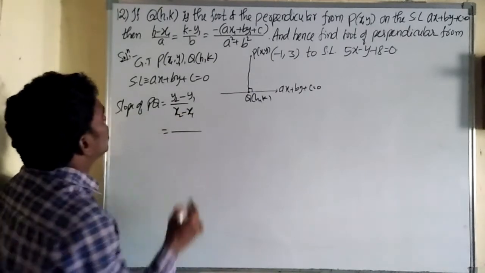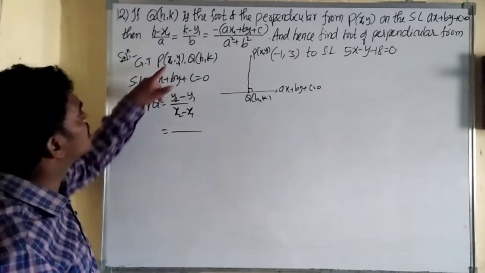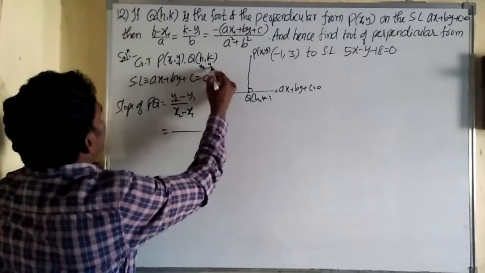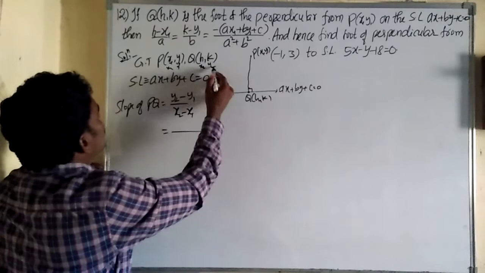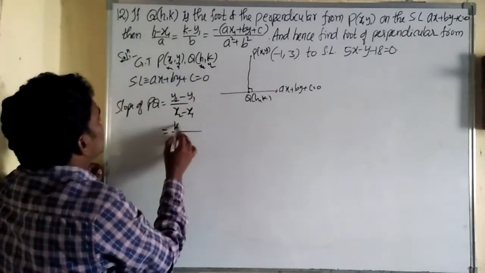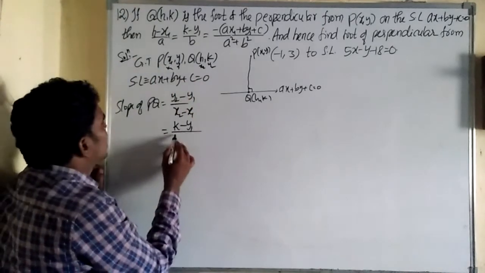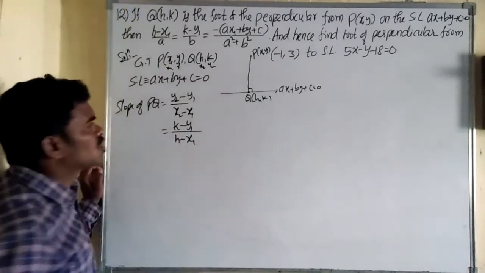For P and Q, this is x1 y1 and this is taken as x2 y2. So y2 minus y1 means k minus y1, by x2 minus x1 means h minus x1. So we got the PQ slope.